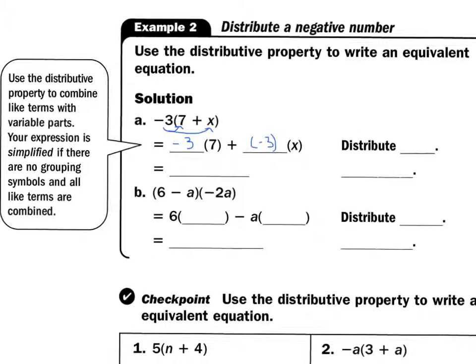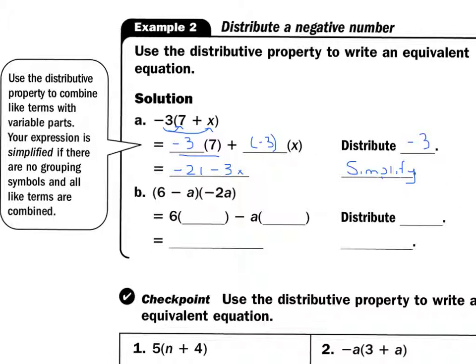But we're going to simplify this. We distributed our negative 3, and now we're going to simplify. Negative 3 times 7 is a negative 21, and negative 3 times x is a negative 3x. Instead of saying plus a negative 3x, I'm just going to say minus 3x. And that has been distributed.